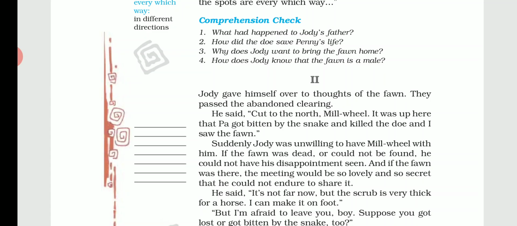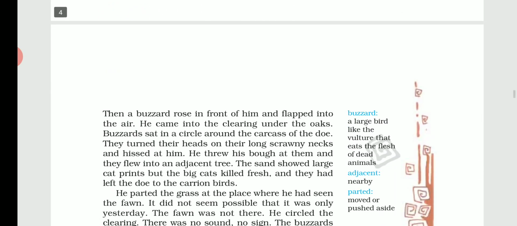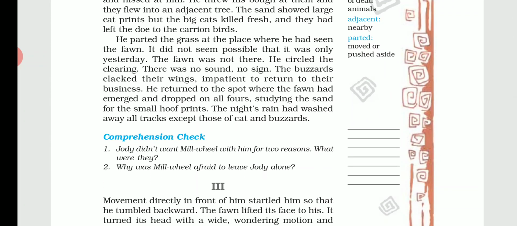So I hope you have completed the comprehension check of part 1. Then I gave another comprehension check, with 2 more questions. Jody did not want Millville with him for 2 reasons. What were they? Why was Millville afraid to leave Jody alone? Okay, so these 6 questions I expect everybody has done.